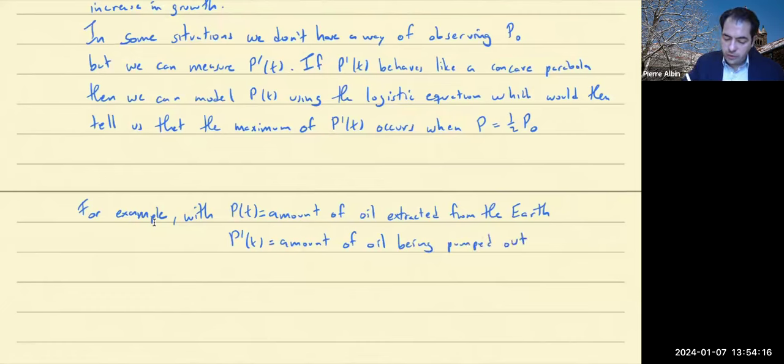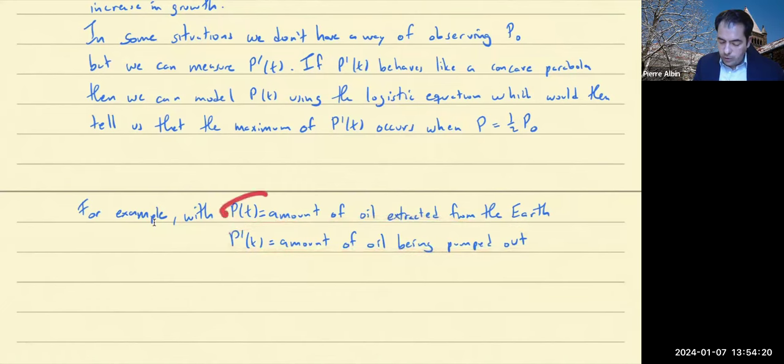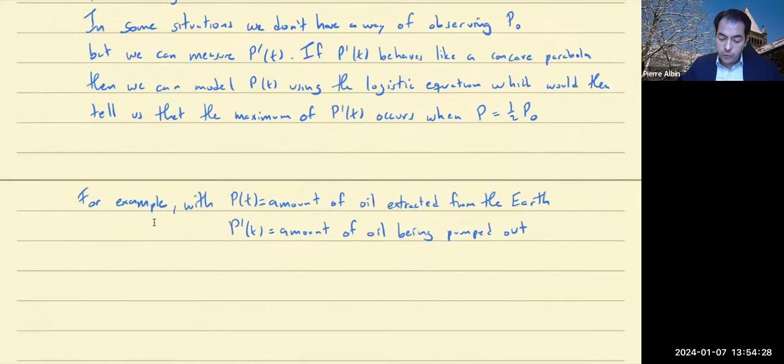Right? So this is a situation where this is something that can be observed, but we don't know what the carrying capacity is. We don't know how much oil there is total underground. So we can try to estimate the total amount of oil by using the logistic model for the total amount of oil extracted, right?